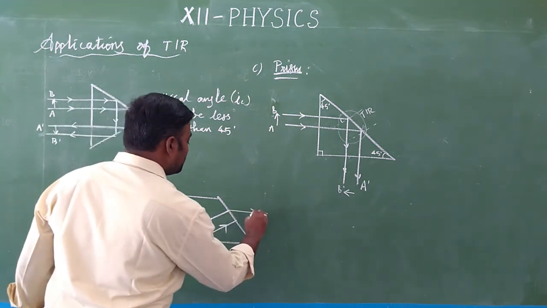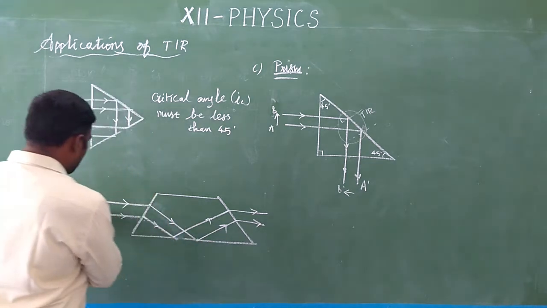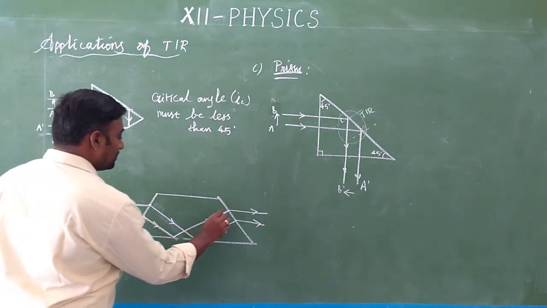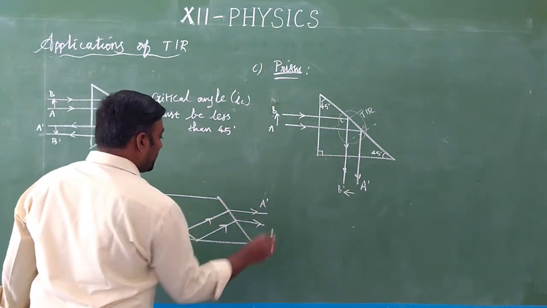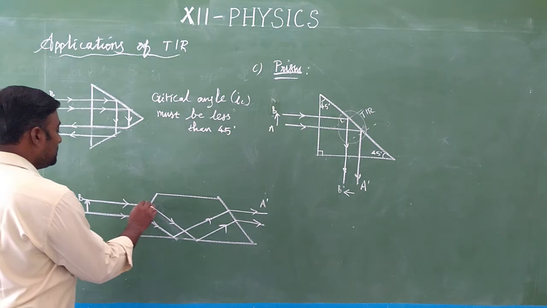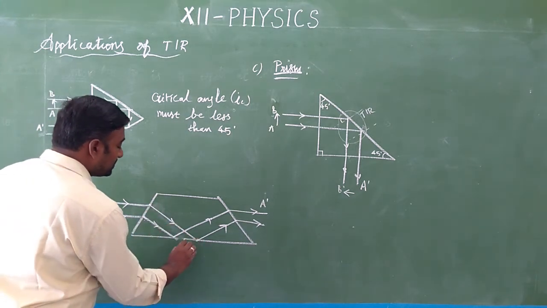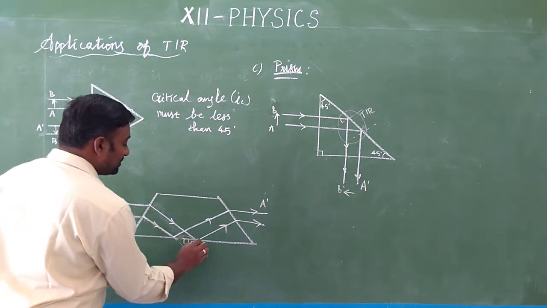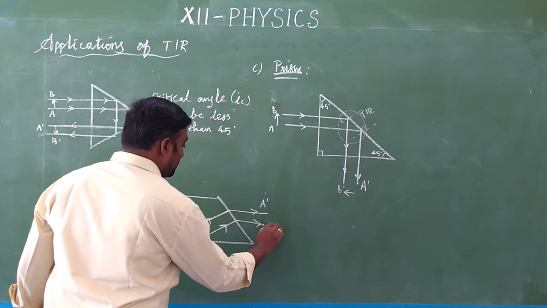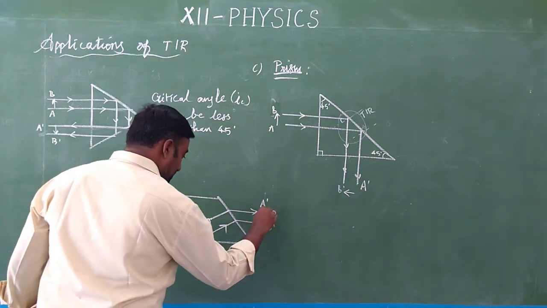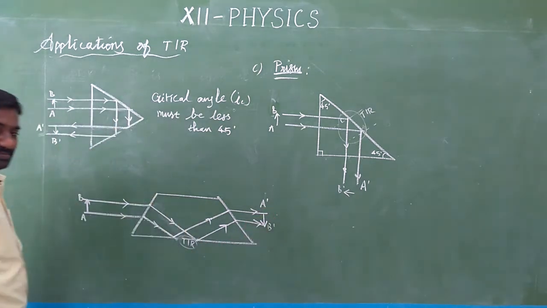Then this is the emergent ray. So for A, this is the corresponding emergent A dash, and this is incident B after internal reflection, and this is the corresponding emergent ray. So the images are the same size.